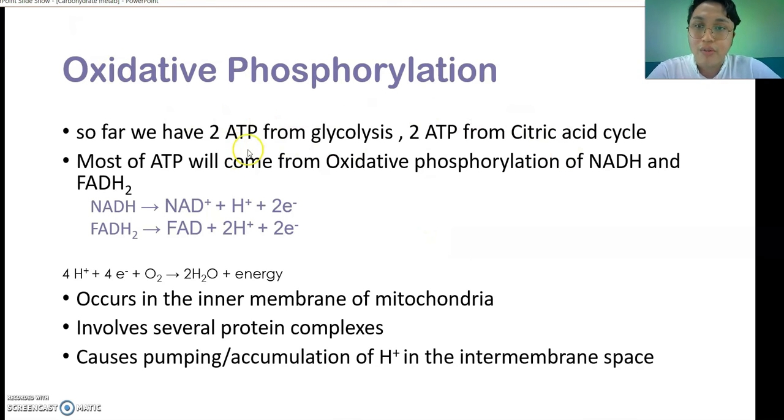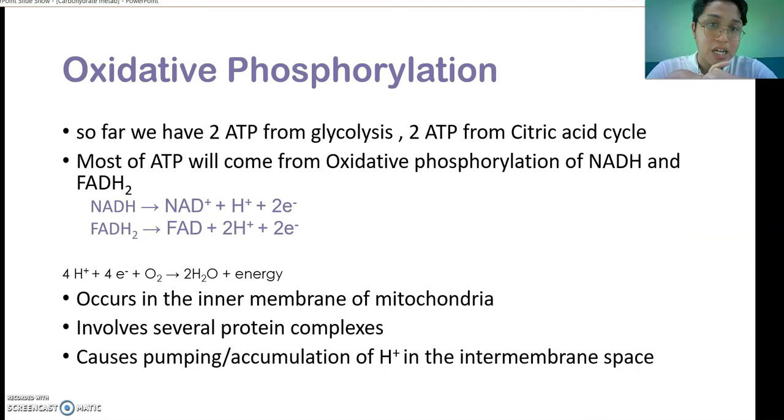So far, we have 2 ATP from the glycolysis at dalawang ATP from citric acid cycle, for one glucose molecule yon. So, kakaunti lang yan guys. So, saan galing yung most of the ATP? It will come from this last step, your oxidative phosphorylation. So, your oxidative phosphorylation naman guys, from the word itself, oxidative.